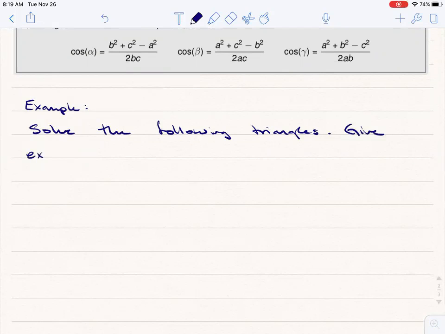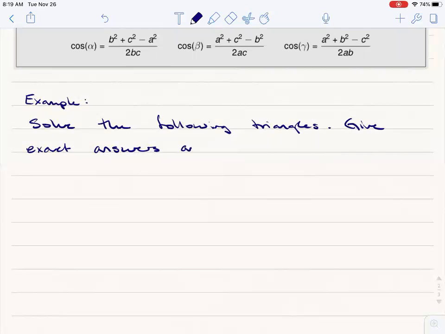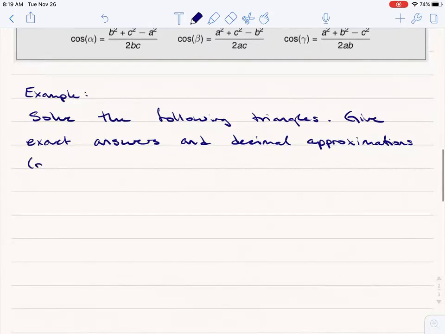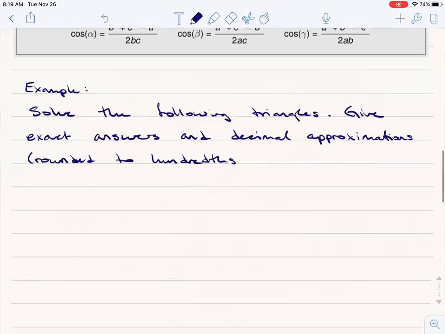Give exact answers, which is fine, because your calculator just gives you exact answers, and decimal approximations, rounded to hundredths, and sketch the triangle, just a rough idea.